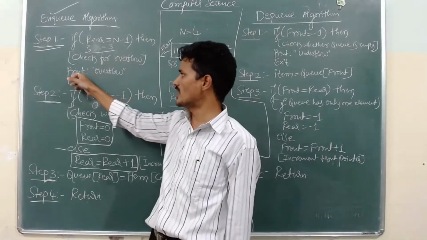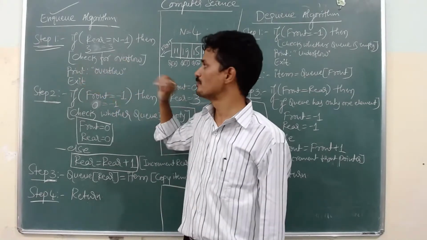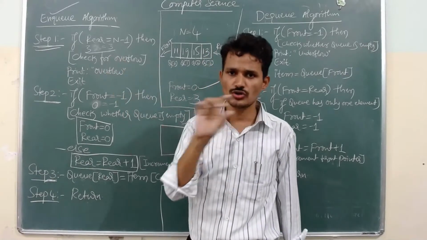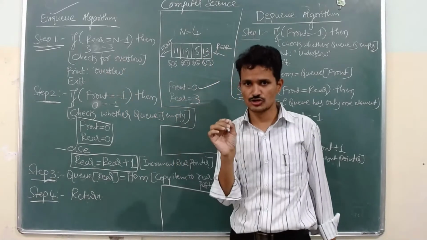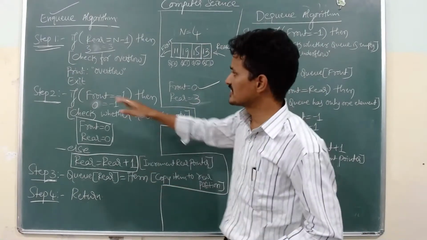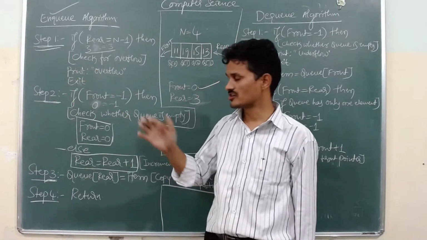So check for overflow. I am going to display the message as print Q is full or else Q is overflowing. That means there is no space to insert an item into the queue data structure. After that, exit. It comes out of the algorithm.